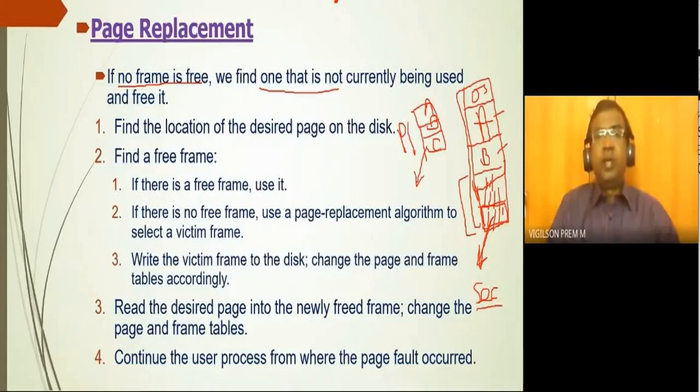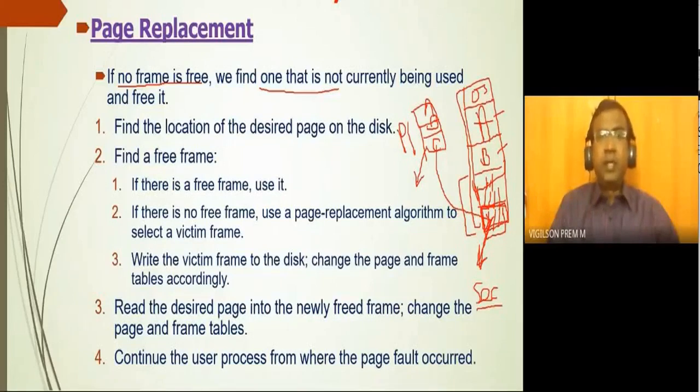This is what we refer to as swap out. Now this frame becomes free, so we can load C into main memory. This is swap in.